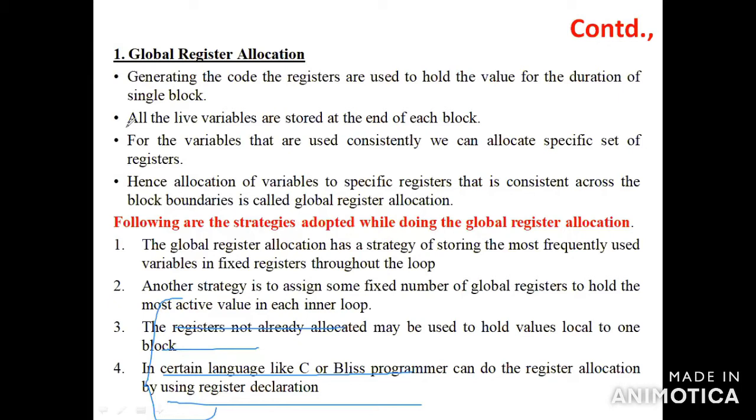All the values will be held for the single block only. Second, all the live variables are stored at the end of each block. The live variables must be stored at the end of each block.